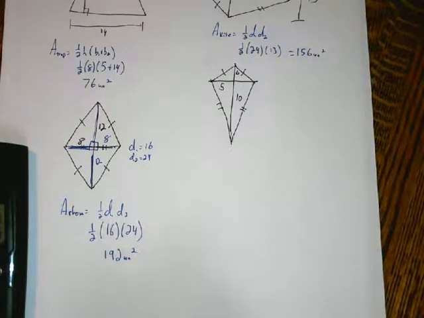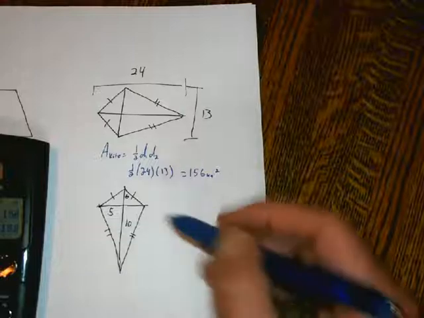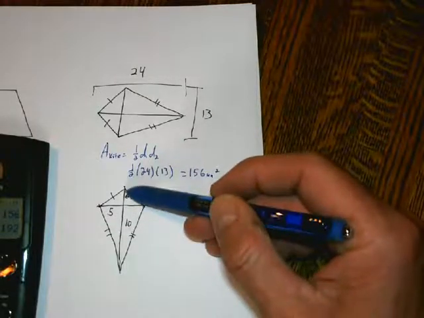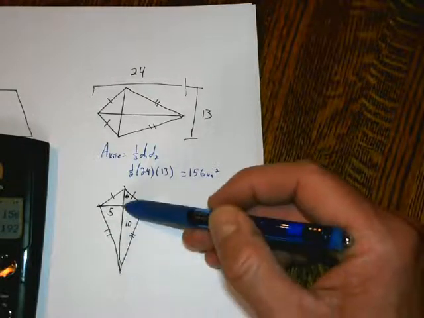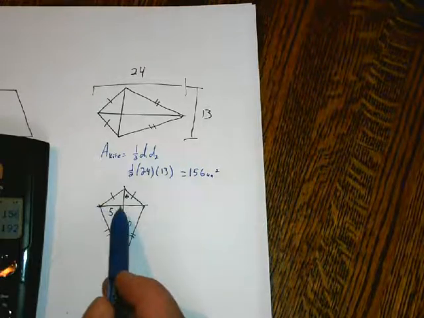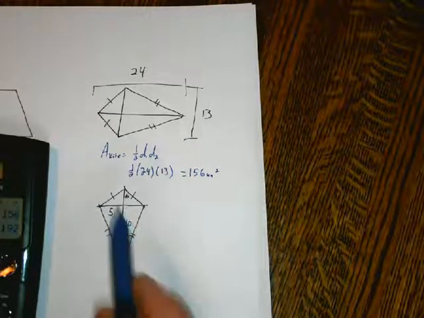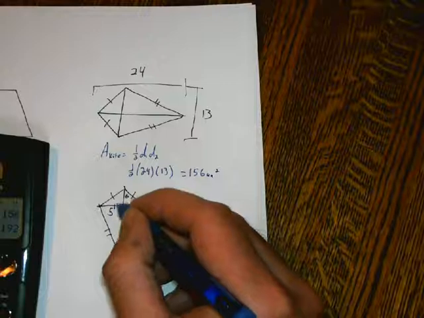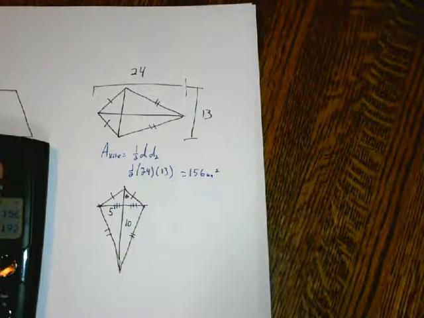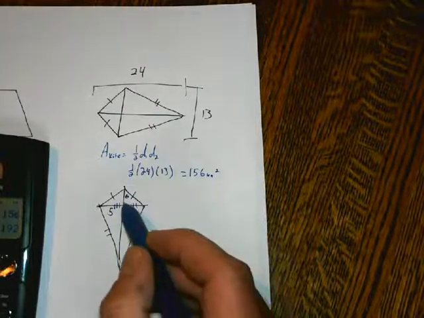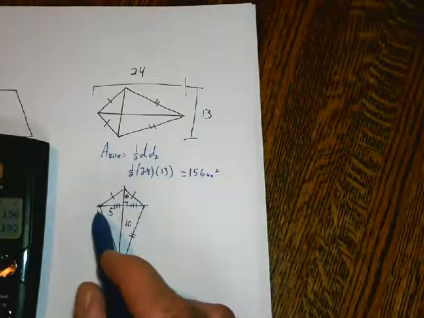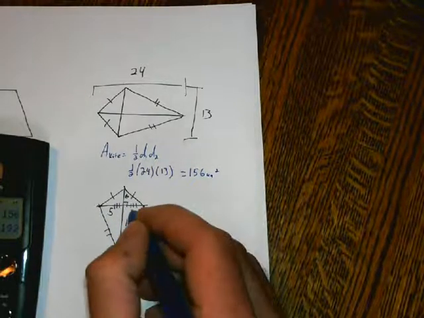And then last but not least, we're back to another kite. Here we have a 6. Here we have a 10. This portion is 5, but remember, in a kite, this segment and this segment have to be congruent to one another because this segment is bisected, so this whole diagonal will be 10.